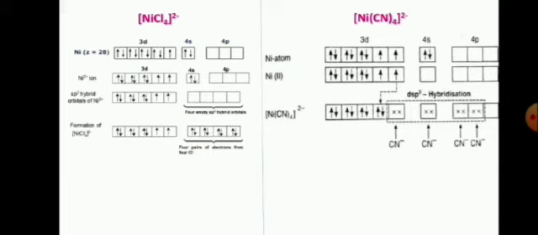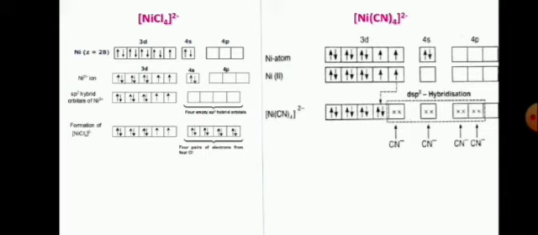Now cyanide, as it is a strong field ligand, will force the unpaired electron to jump inside. So that will make 3d8 completely paired. The electron will be jumping inside, and one of the 3d orbitals will become completely empty. So the hybridization over here is going to be 1d, 1 4s and 2 4p.